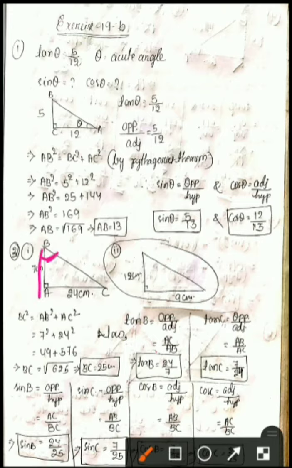Obviously it is AB. AB by BC, so you will get 7 by 25. Same way, cos C is adjacent by hypotenuse, it is AC by BC. So you will get 24 by 25. Like this. Question number 2 also you can solve yourself. Now let us discuss question number 4.